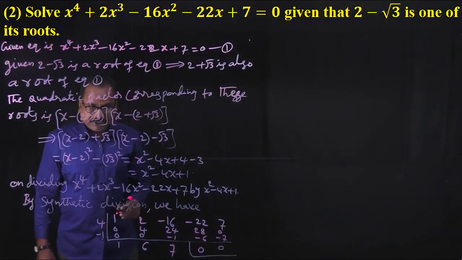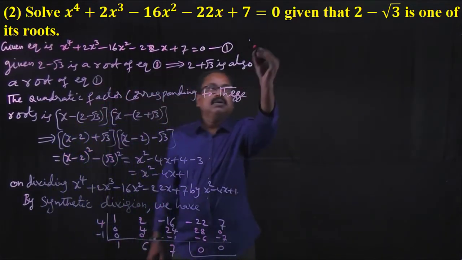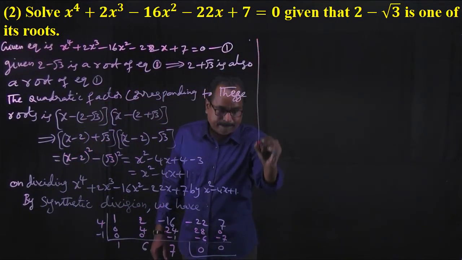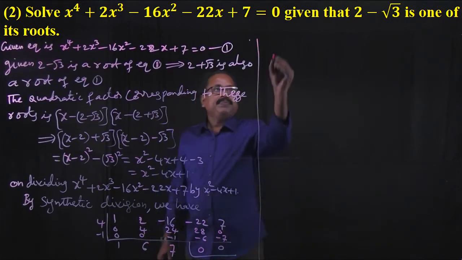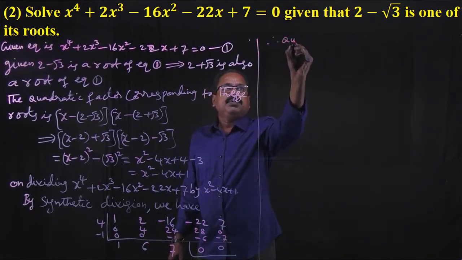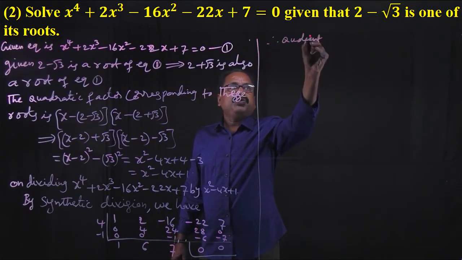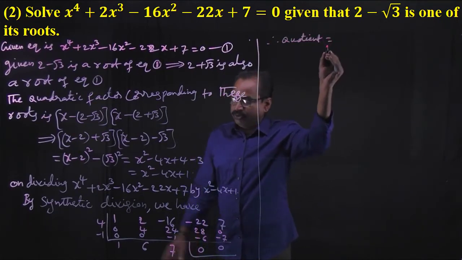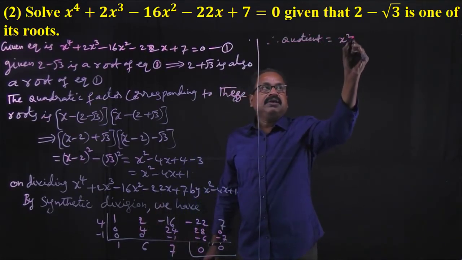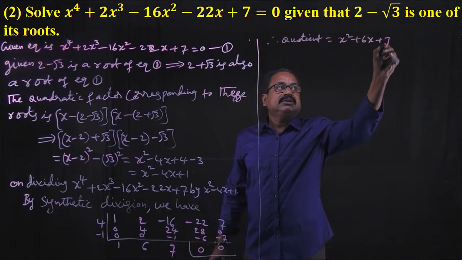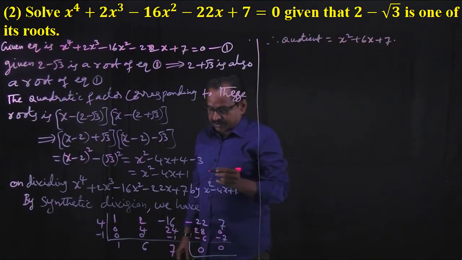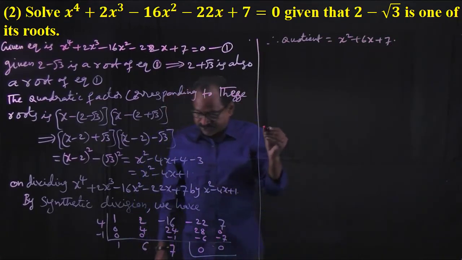So quotient is, therefore, quotient is equal to x square plus 6x plus 7.